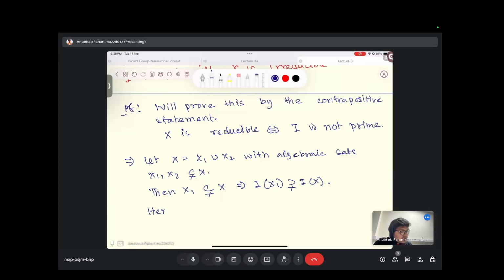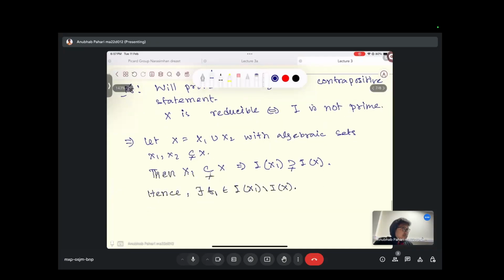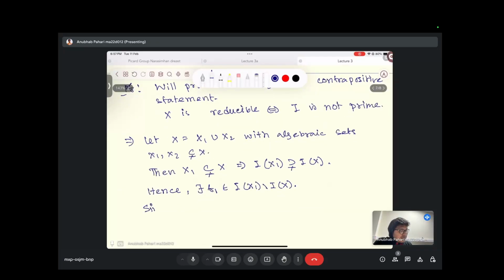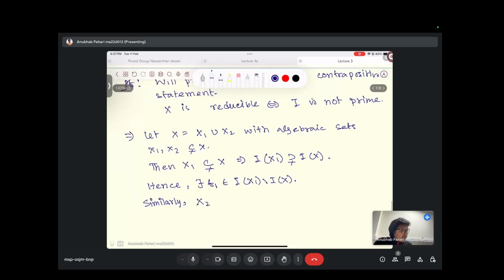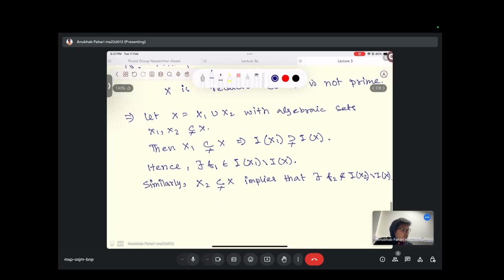Hence there exists f1 which belongs to I(X1) minus I(X). Similarly, X2 is contained in X implies that there exists f2 which belongs to I(X2) minus I(X).